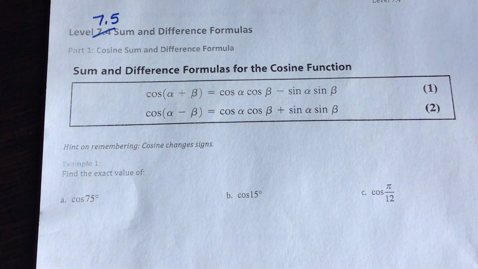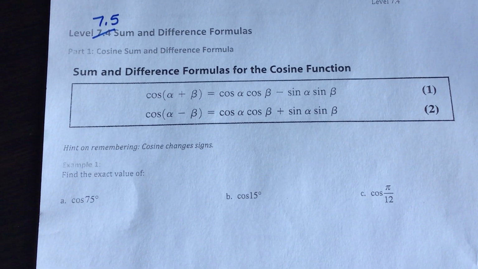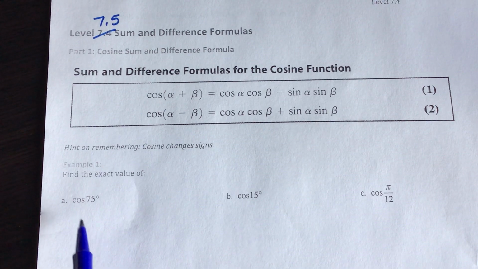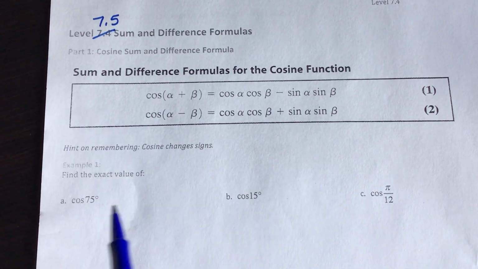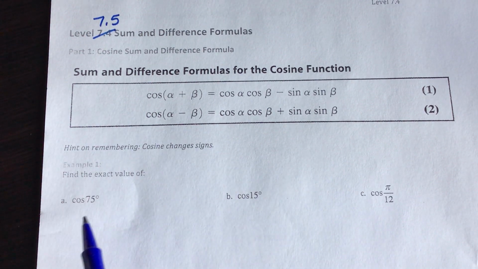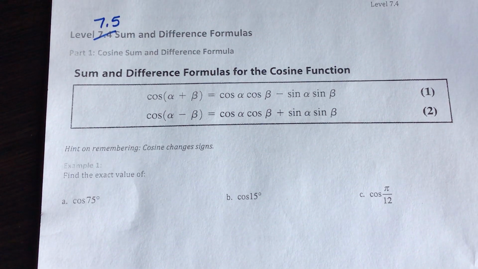Section 7.5 has to do with more formulas, and here we have sum and difference formulas for sine and cosine. The reason we would need something like this is that these angles we have here, 75 degrees, 15 degrees, pi over 12, are not necessarily on the unit circle.